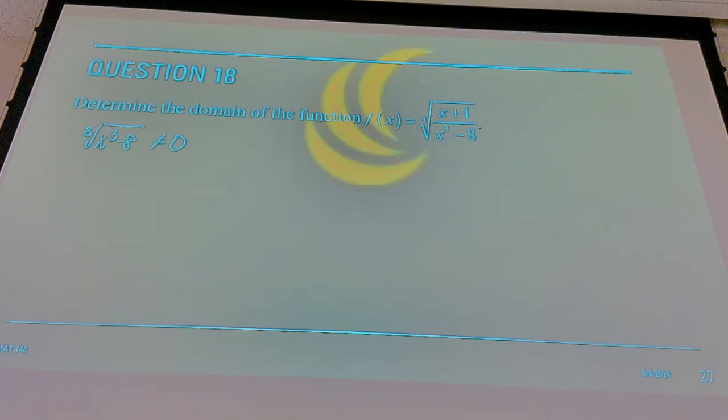Because remember, the cube root splits across the numerator and the denominator. So technically speaking, the denominator is the cube root of x cubed minus 8. However, that doesn't matter, because ultimately that means x cubed minus 8 itself can't be 0.